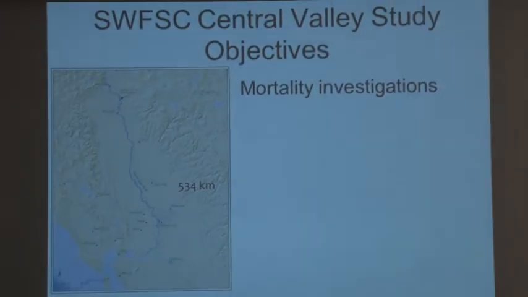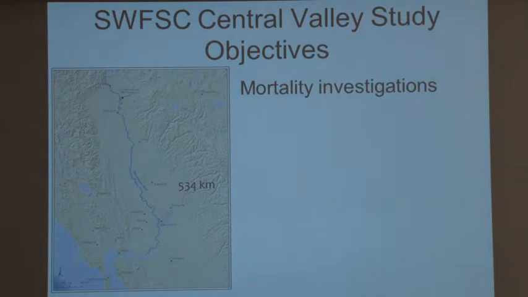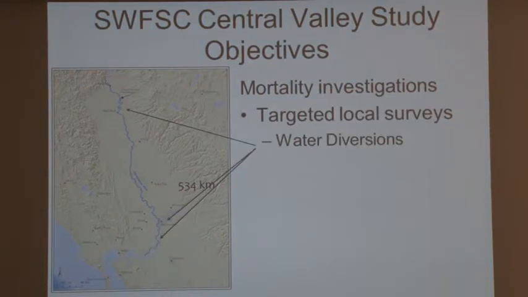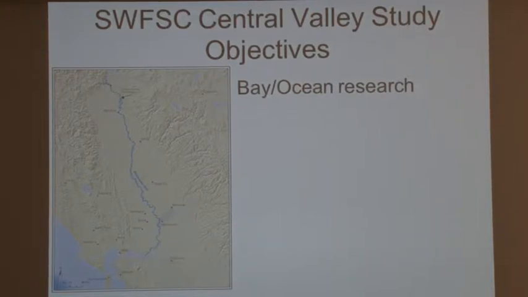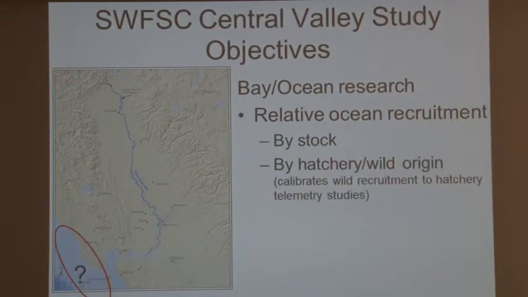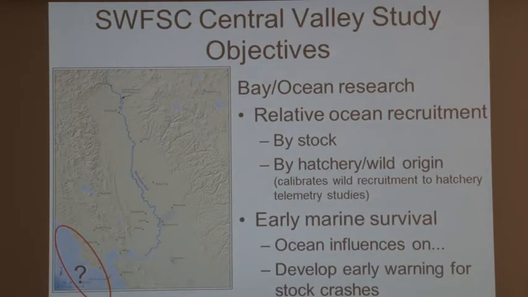Another study that I want to cover is some investigations of mortality around water diversions that are analogous to what's being proposed as part of the Bay-Delta Conservation Plan. And this is just showing the map of that. And then finally, I'll cover a little bit about the ocean salmon research that the laboratory has done for the past 15 years or so. And these maps just show the kind of spatial scale of the studies.